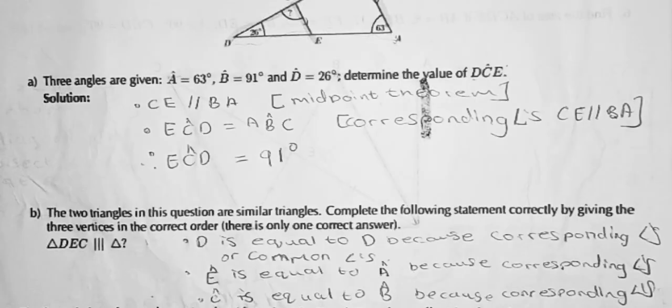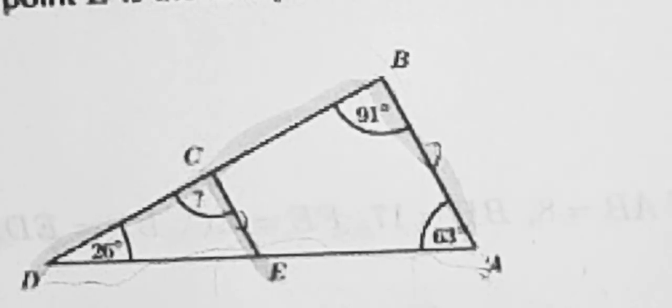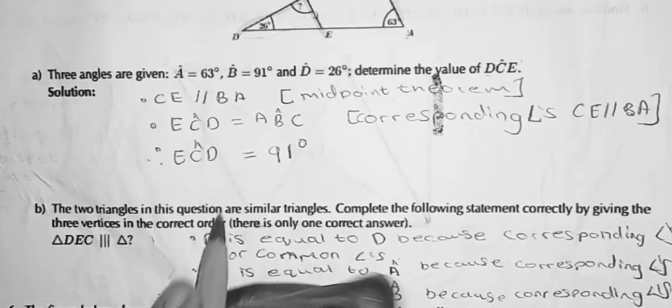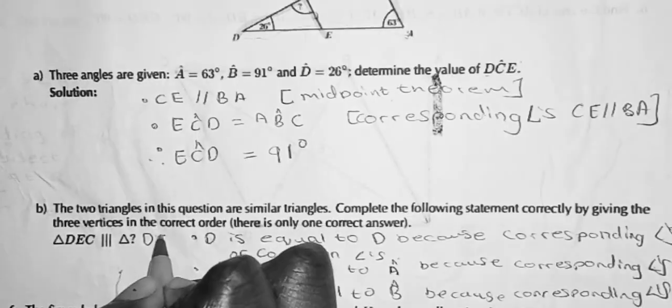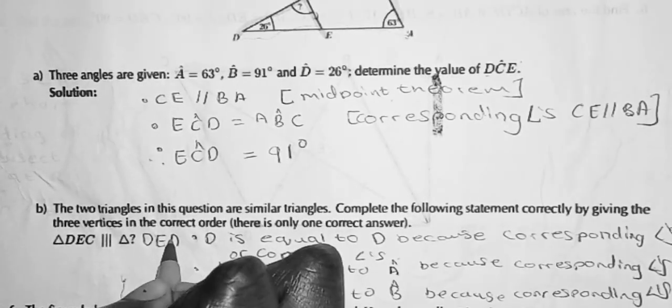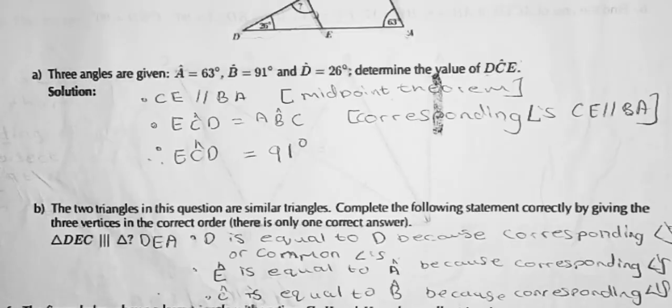And then you're going to say, oh, therefore triangle DAB, which is this one, is similar to triangle DEC. You can see DEC, DAB, they are both similar. So triangle DAC is similar to triangle DEA. And then you are done with this one.